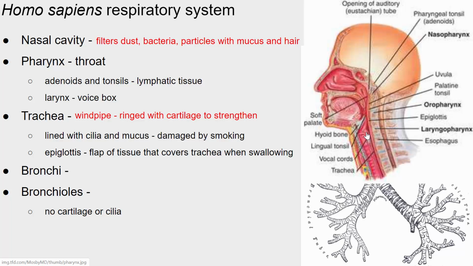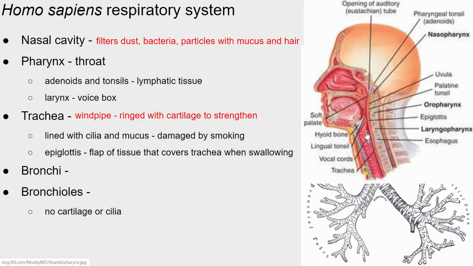And that can be damaged by things like smoking, for example. Sometimes you might hear people talk about a smoker's cough or smoker's voice, because as a person smokes over the years, it damages lots of that tissue in the trachea and the windpipe and the voice box.